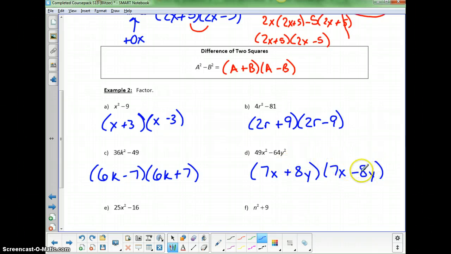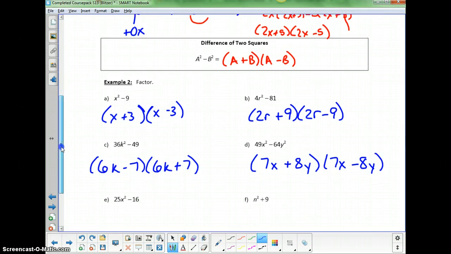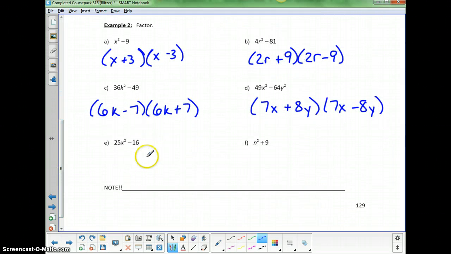It's binomial conjugates. Same thing, opposite sign. Alright, 25, that's 5 squared, so this will be 5x. 16 is 4 squared, so we'll do 5x plus 4, and 5x minus 4.